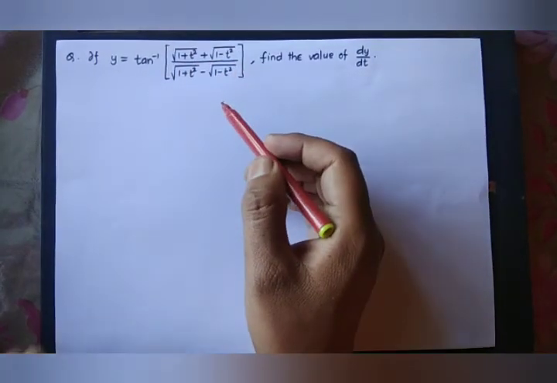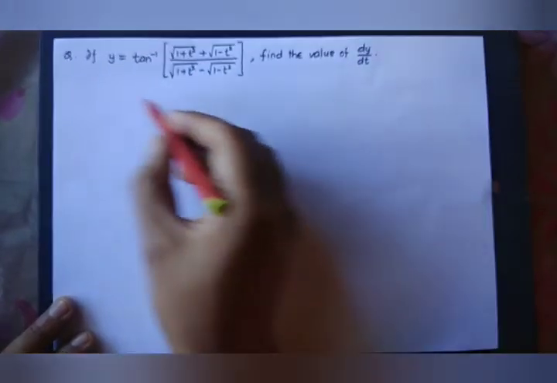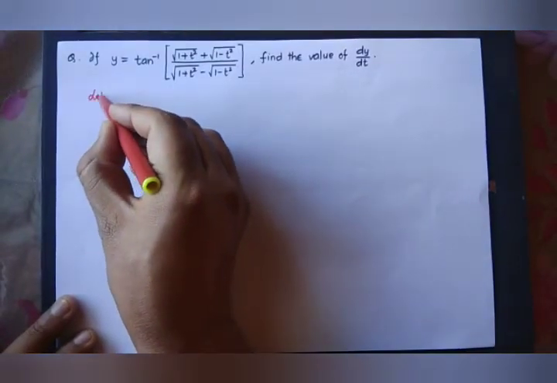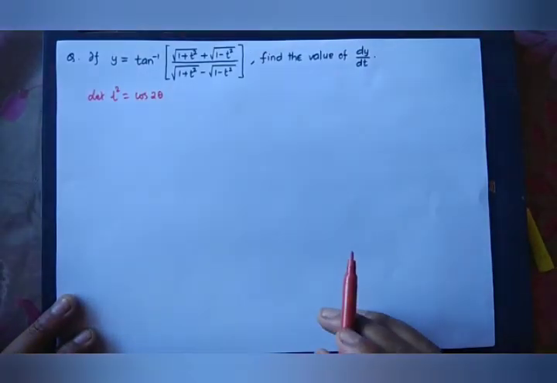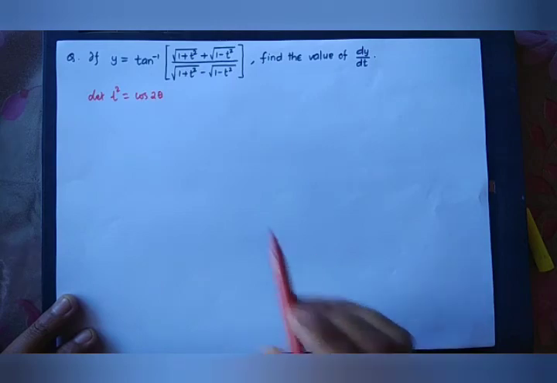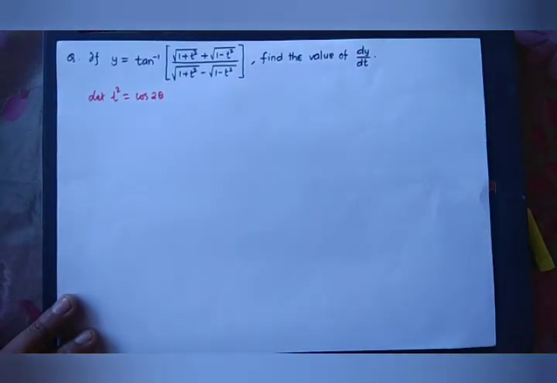So to do that I'm going to do this substitution. So let t square equal cos 2 theta. Let's see what happens if we use t square to be cos 2 theta, right? Okay, let's check.